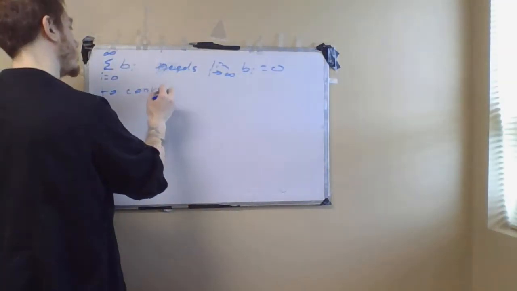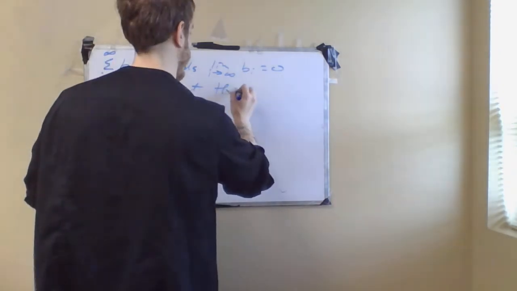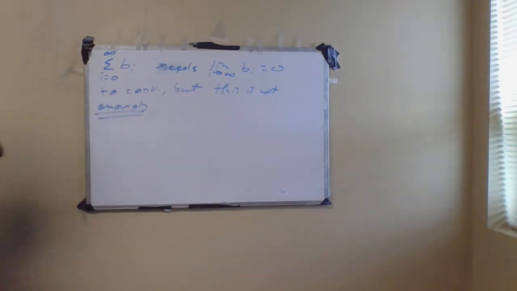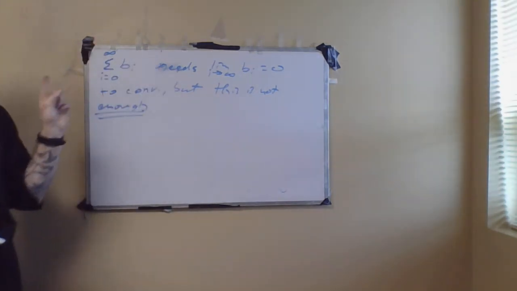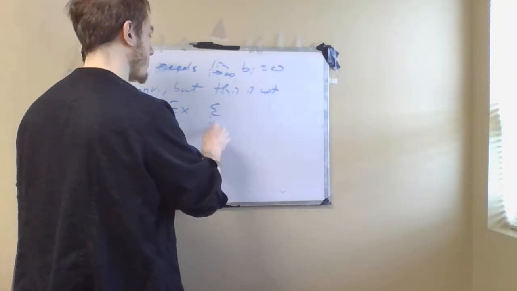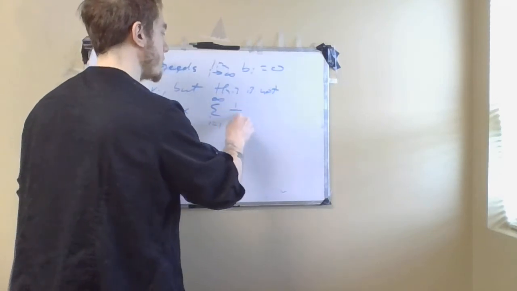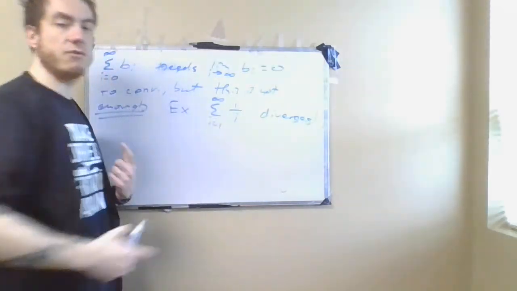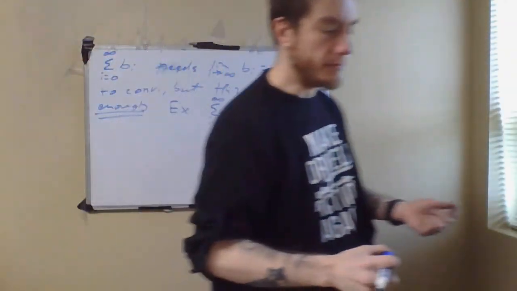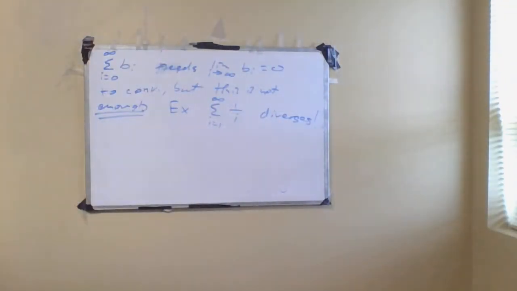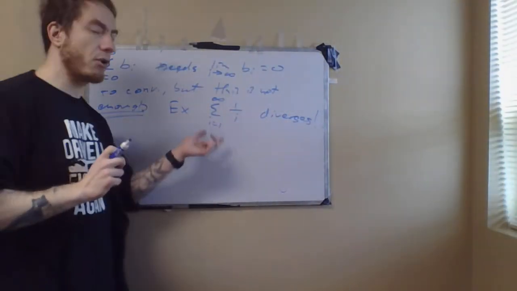But this is not enough. This is not a sufficient condition for convergence. For example, the sum from i equals 1 to infinity of 1 over i diverges even though 1 over i goes to 0. This is the harmonic series, and you saw with the integral test how this diverges.